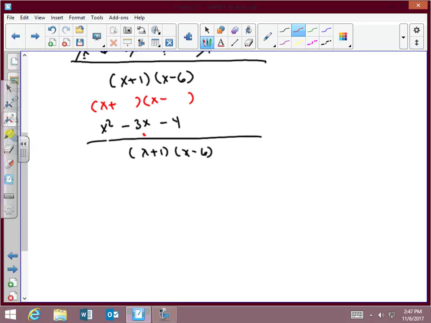Okay, so where's the 1 and 4 go? 4 is going to be negative. 4 is negative and the 1 is positive. Now what? You get rid of the x plus 1. This x plus 1 and that x plus 1 go out, and you got x minus 4 over x minus 6.